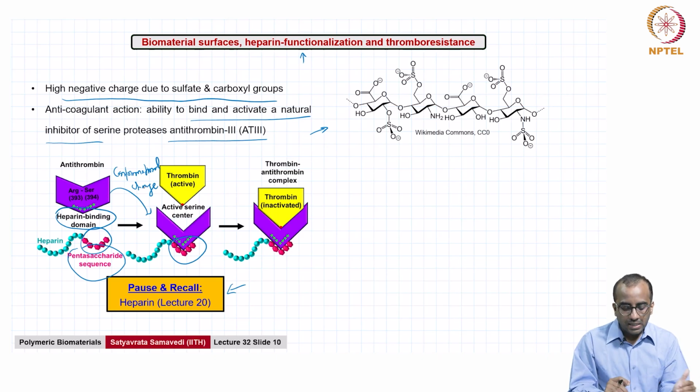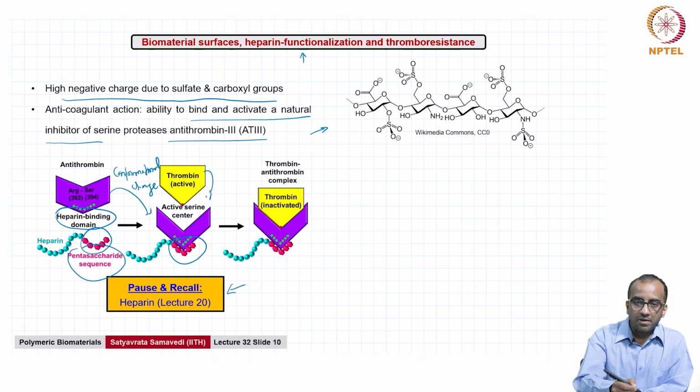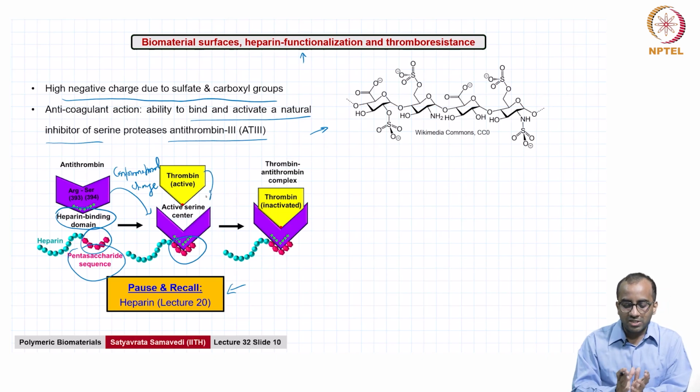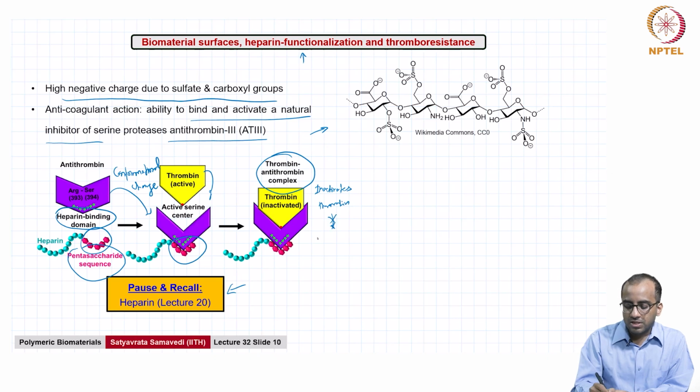So, only when the heparin binds to the antithrombin does the antithrombin undergo a conformational change, leading now to the active thrombin binding to the conformationally active antithrombin, and this thrombin-antithrombin complex is formed, which essentially inactivates thrombin, leading to arrest of the coagulation cascade.